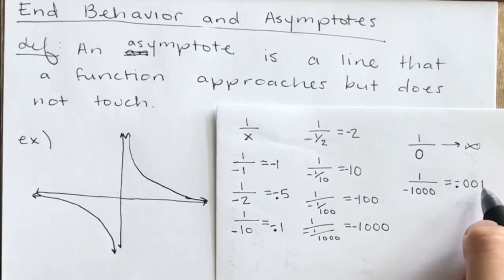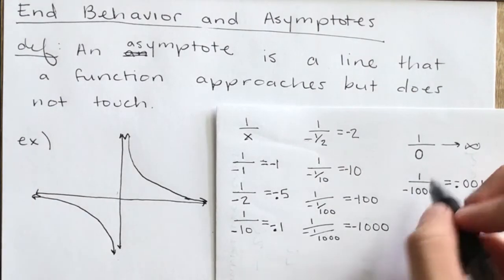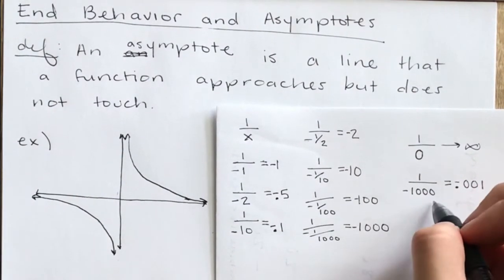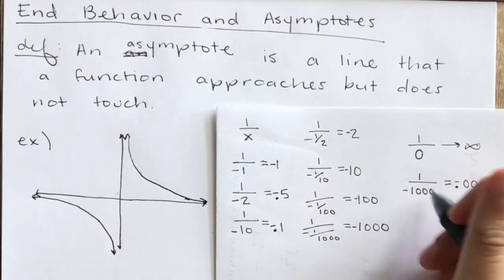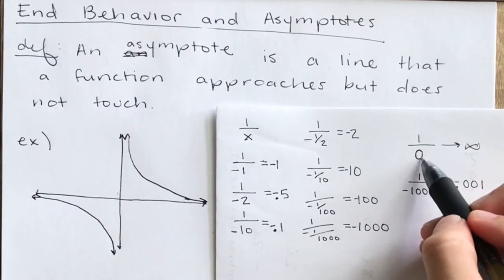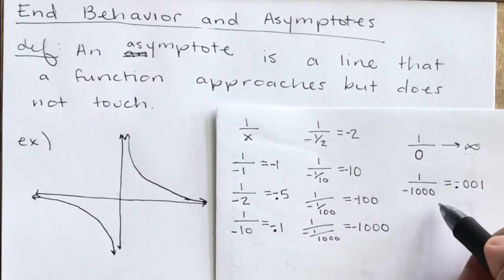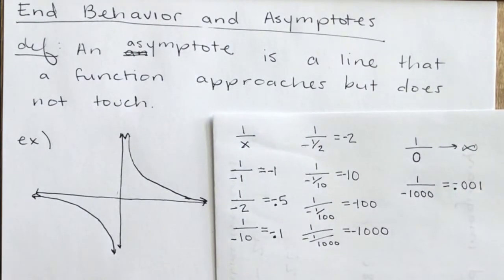And we're getting closer and closer and closer to 0. But there's no number large enough for us to actually reach 0. We can't divide 1 by something and get 0, right? Not even 0. So we will never touch the x-axis. So that's why we have these two asymptotes.